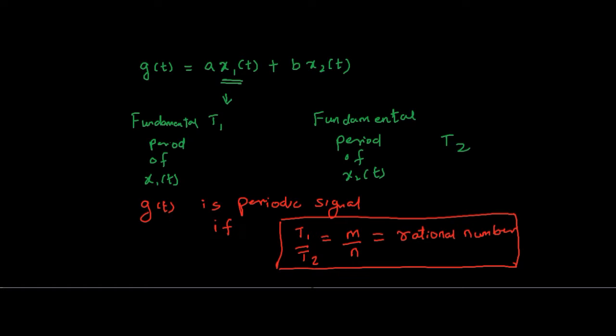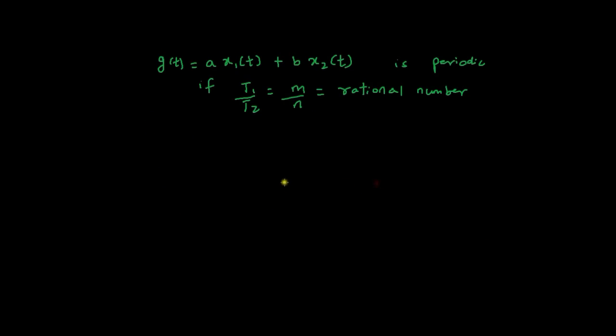I will take a new page. So g of t is periodic if t1 upon t2 is a rational number. Since g of t is a periodic signal, it will have a fundamental period of its own. To calculate the fundamental period of g of t, what is this?